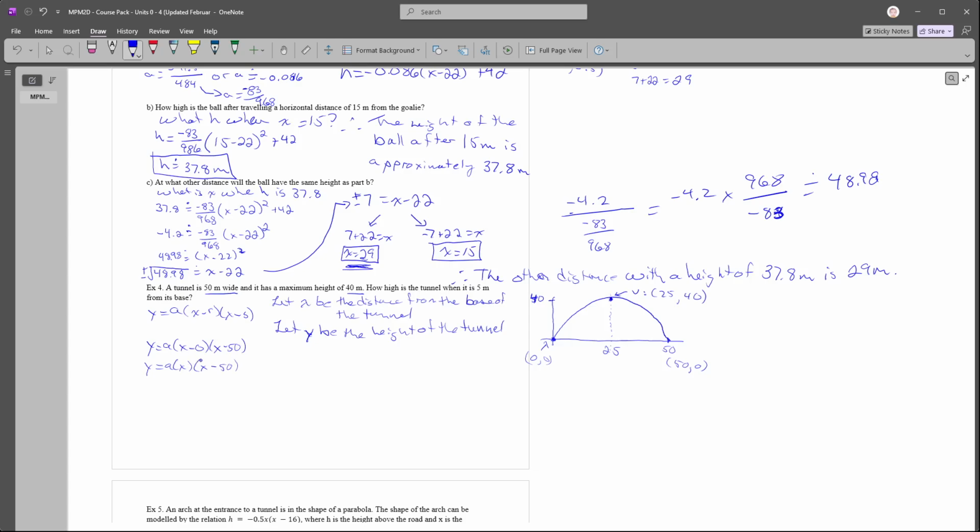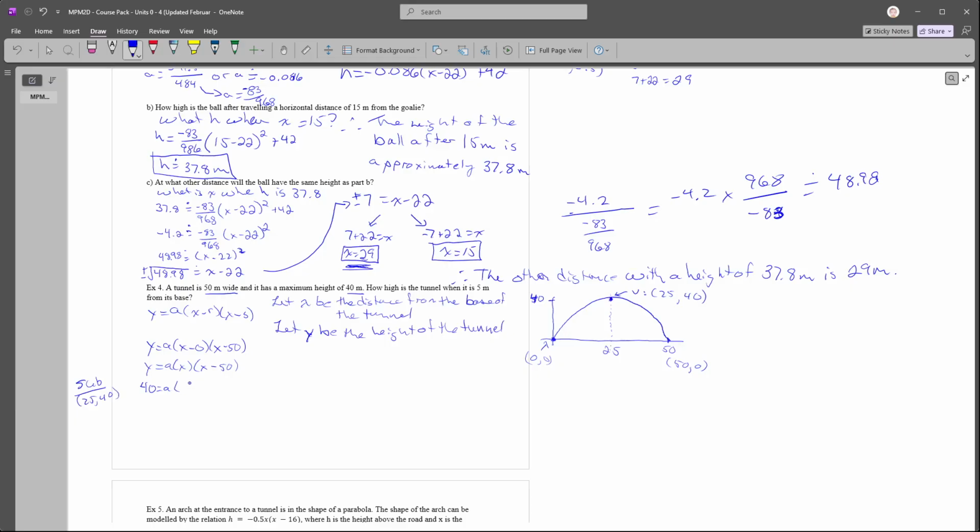So what we're going to do is we're going to substitute one of the points we know. We don't want to use the 2 points that we used for the x-intercept. So the only other point we know is our vertex, so 25 by 40. So we're going to substitute that in here. So we have 40 is equal to a, so sub 25 comma 40. All right? Times x.